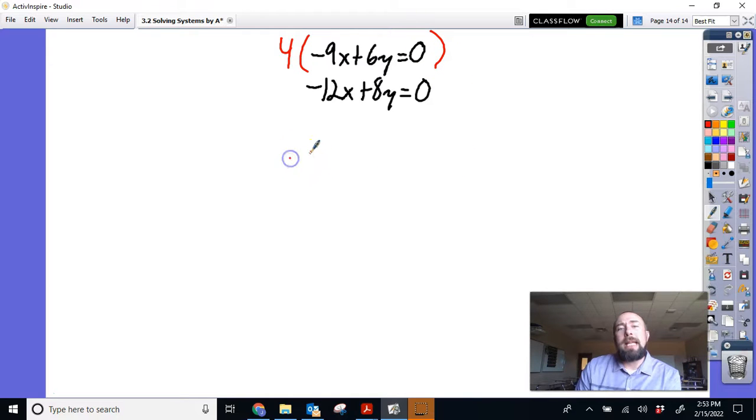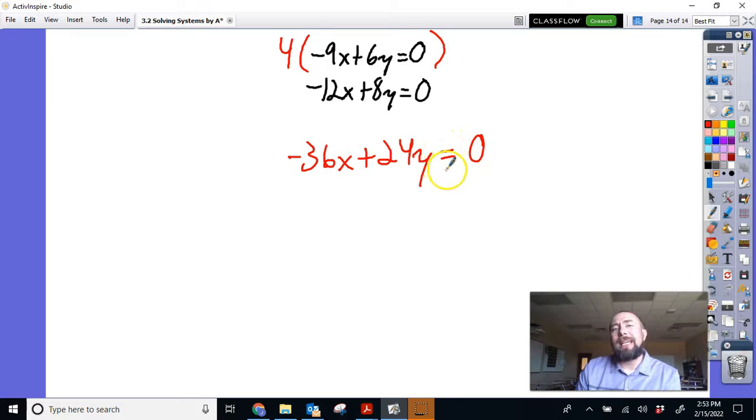And that would give me negative 36x positive 24y equal to nothing. But then in order to get opposites for one of the variables, doesn't matter which one, let's say I want to do the bottom one, I need a positive 36, so I'd have to multiply by negative 3.